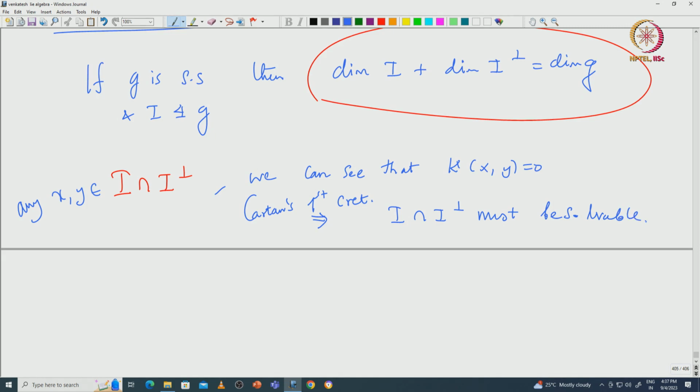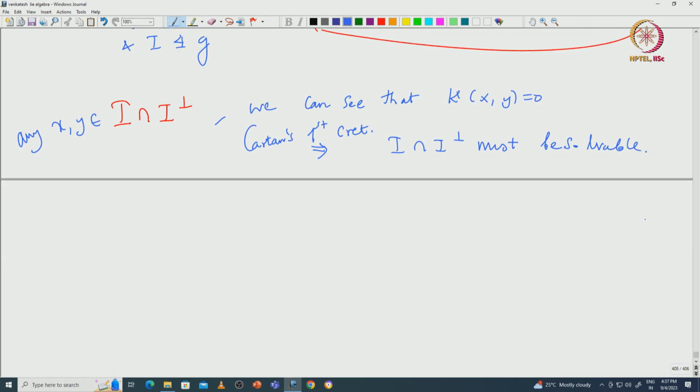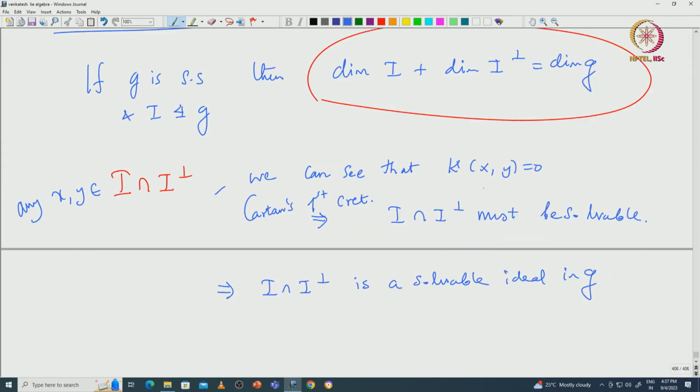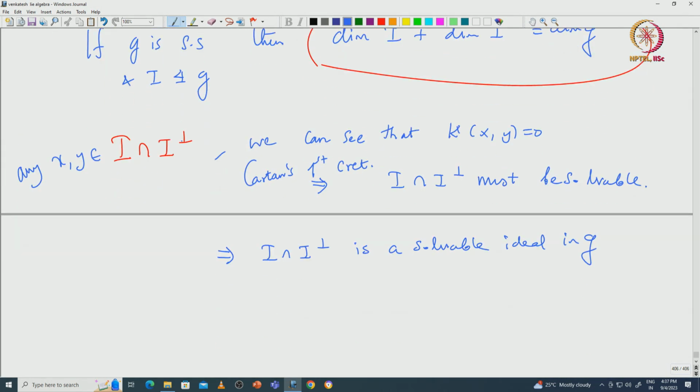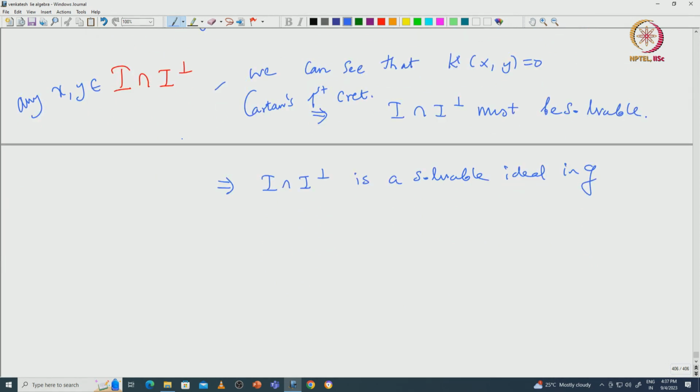Since the intersection of two ideals is an ideal, I intersection I perp is a solvable ideal inside G. Now, if G is semi-simple, there is no non-zero solvable ideal. So, that forces I intersection I perp to be 0.